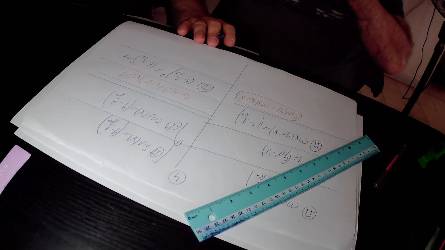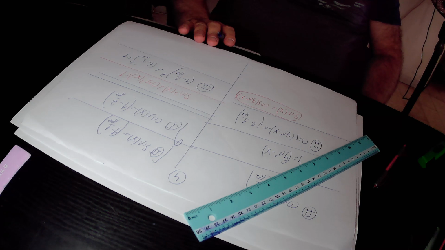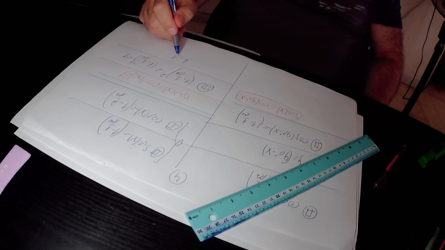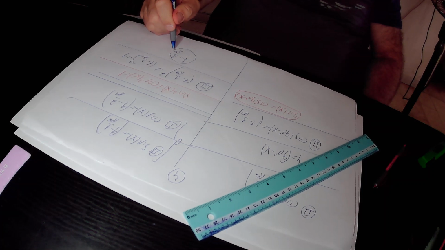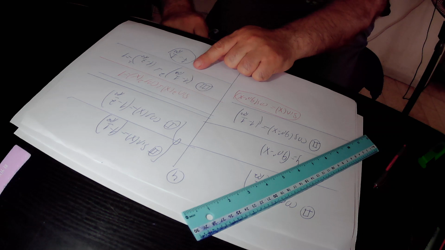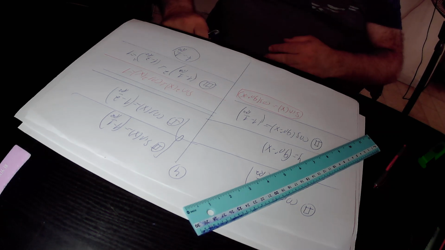So here we will define t equals 1 over r squared. Now we can substitute 1 over r squared in equation 3 by t.